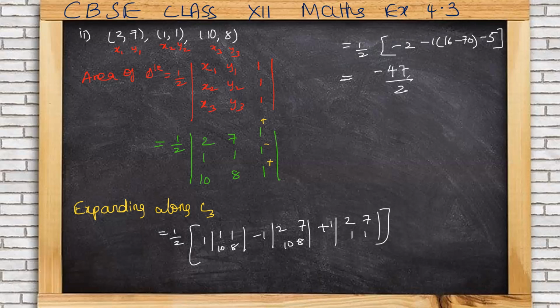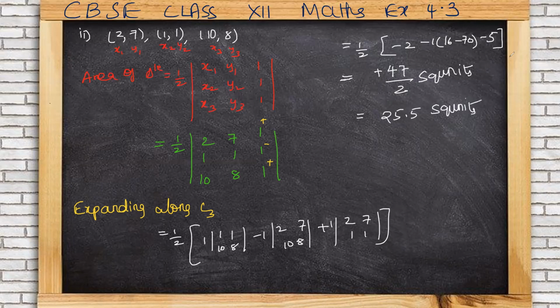As we have minus 47, we need to, sorry, it is plus 47. So either 47 square units or you can write it in decimal as 25.5 square units. If you have any doubt, please post it in the comment section.